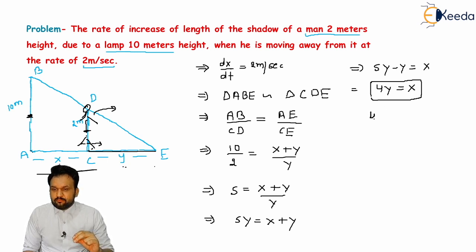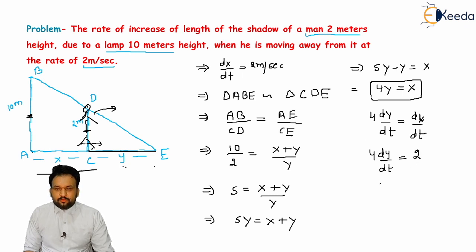So just find the derivative with respect to time, dy by dt. So 4 dy by dt is equal to dx by dt. Am I right here? And dx by dt is what? That is 2 meters per second. It is given to you.